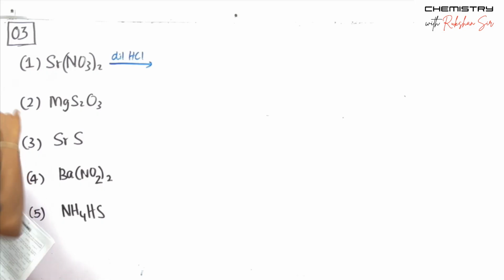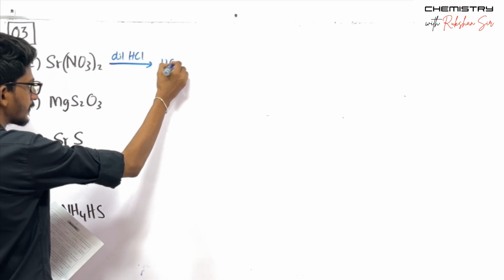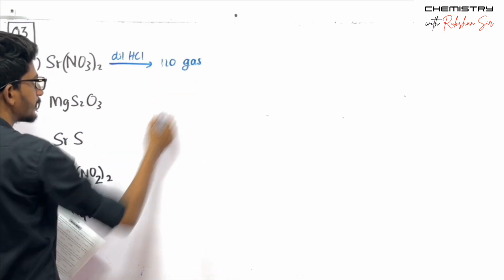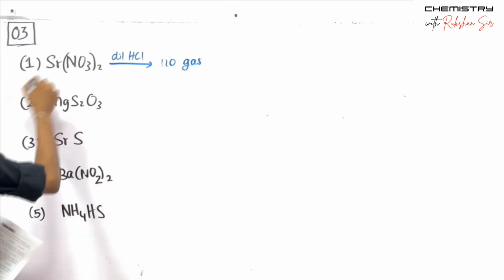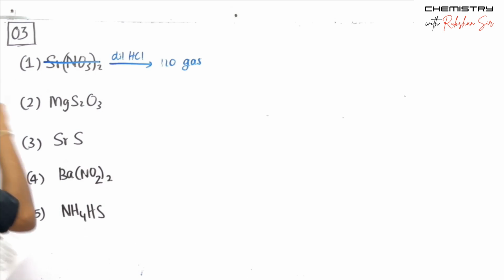Those are the 5 anions which release gases with dilute acids. So no gas release means it is out. They are saying gas is released.